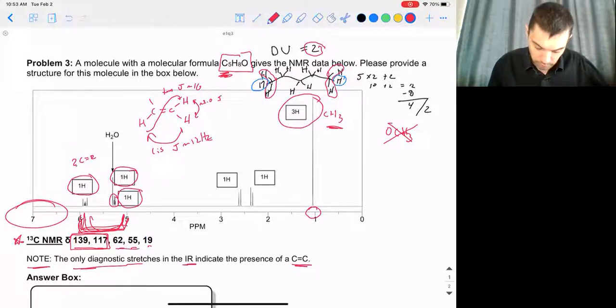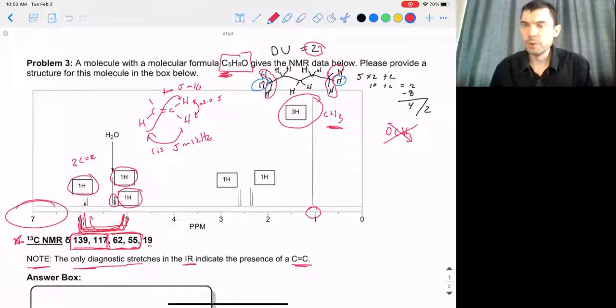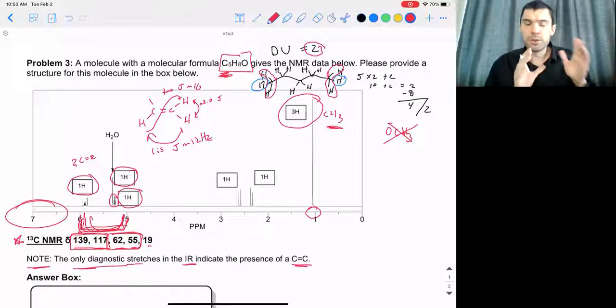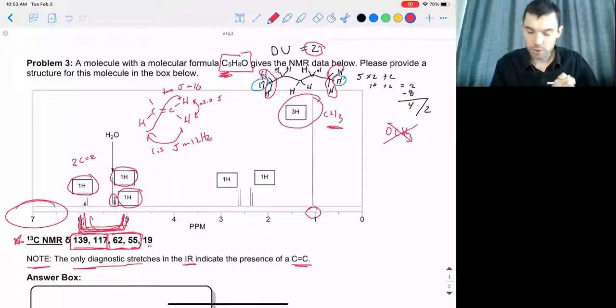And there's another really important piece of information on that carbon NMR, and that is that 2 of those carbons appear in the oxygenated region. Remember that oxygenated region is roughly from about 50 to about 80. It's a nice window, and here we definitely have 2 in that range.